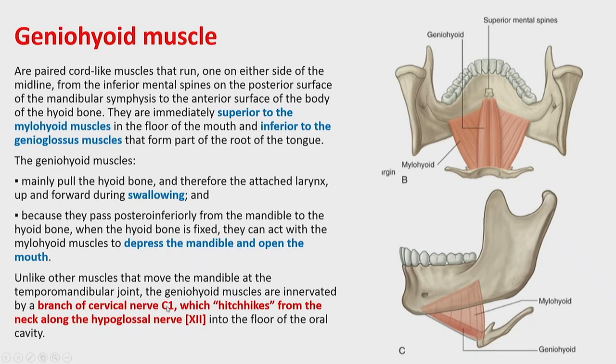It's the first cervical segment of the spinal cord, which in the next semester we are going to say is innervating the geniohyoid and thyrohyoid muscle, and this nerve is always going along with the hypoglossal nerve.